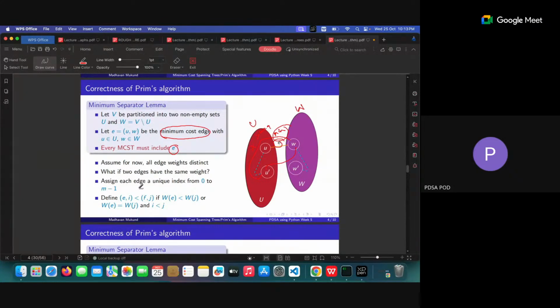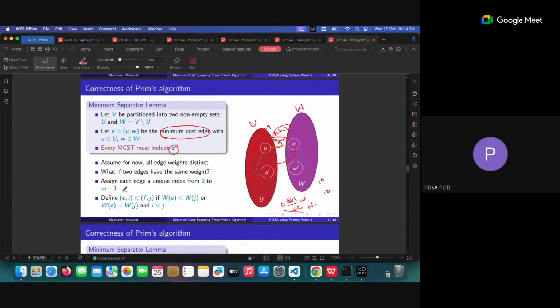So now assume that each edge has a unique index. See, sometimes the same weights are maintained. Like U to W, you have an edge, and another path U to W1 is also having some weight. Weight 1, weight 2, both having the same value, 10 and 10.